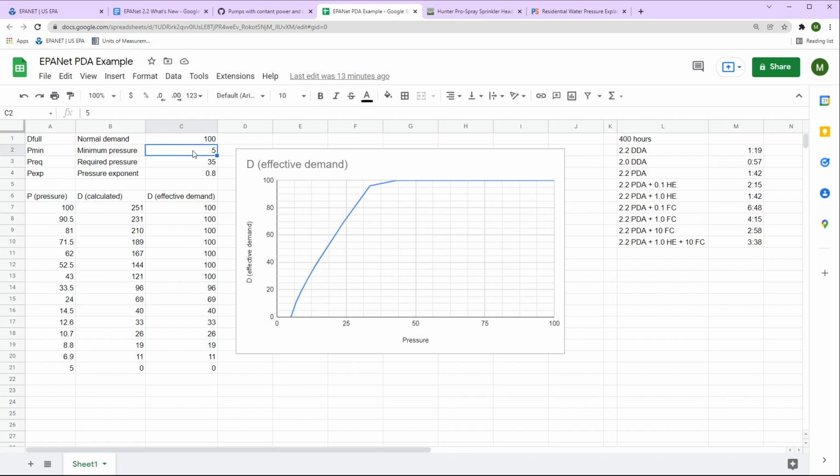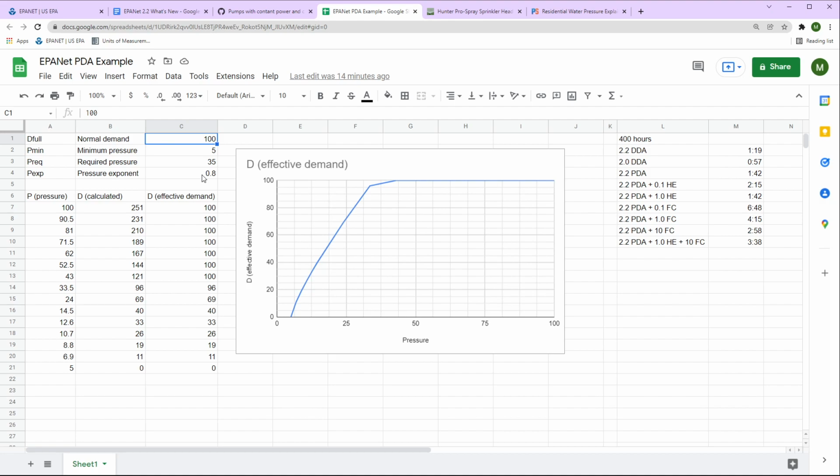I'm showing a minimum pressure. That's the pressure below which the demand would go to zero. The required pressure is the minimum pressure you need to get the full 100 amount of demand coming out of the model.